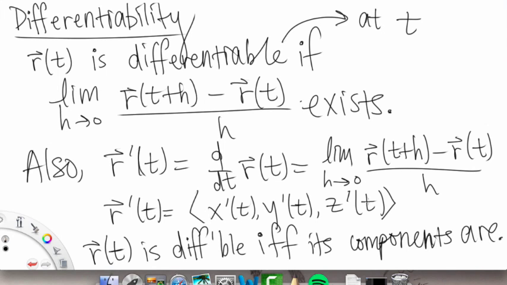All three of those have to be differentiable in order for r of t to be differentiable. You can't have the x and the y differentiable and the z, for some reason, not differentiable. Then that means our r of t is not differentiable overall.